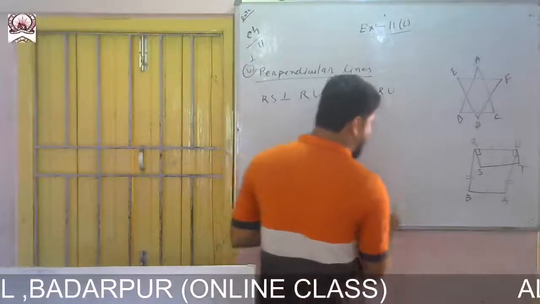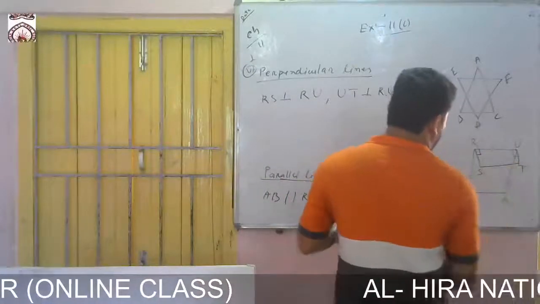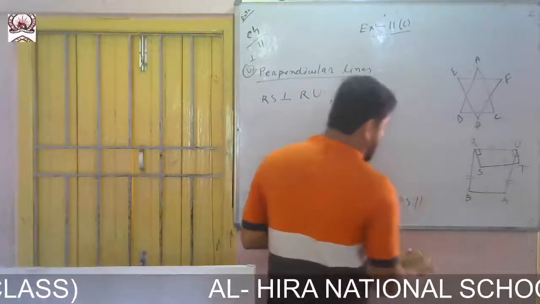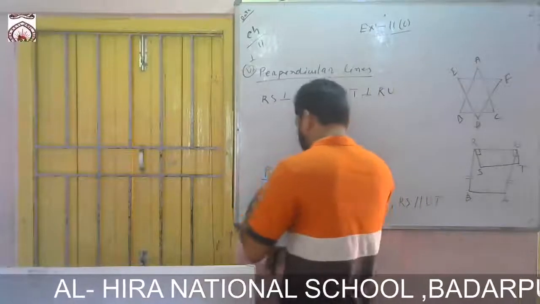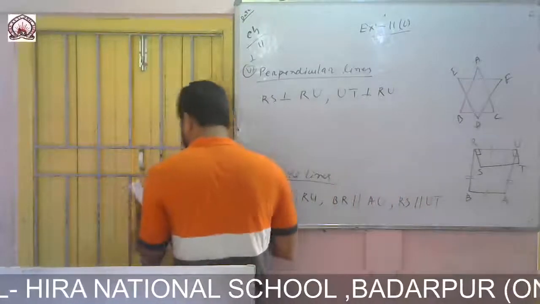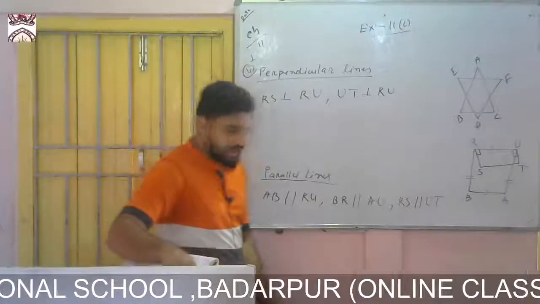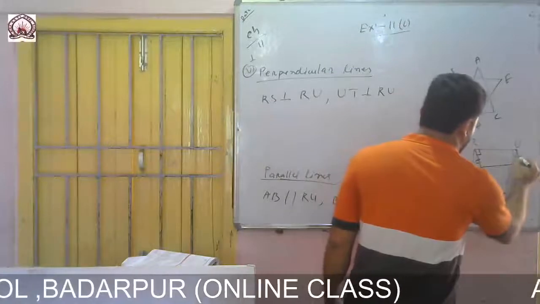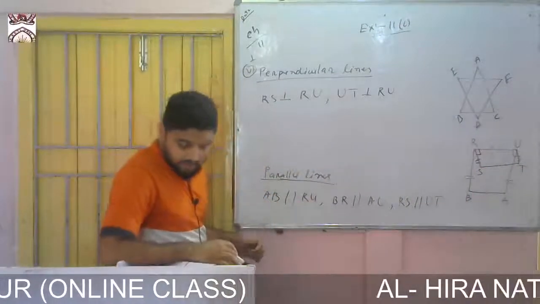AU, comma, you can write another line. RS parallel to what? UT. Okay. RS parallel to UT. So this one parallel to this one. Okay. So question number 1 finished.